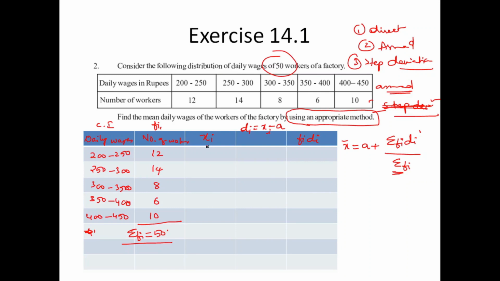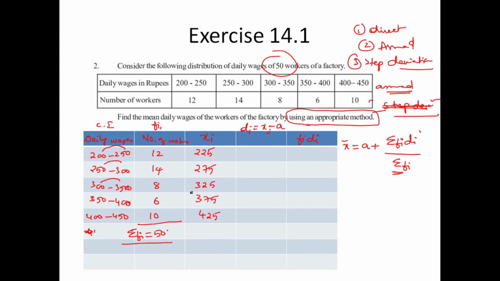So let's look at this one. See, look in these two intervals. The half of this number is 225 only. Half of these two is 275. Half of the number between these two, that's your half, is 325. This one is 375. The next one would be your 425.